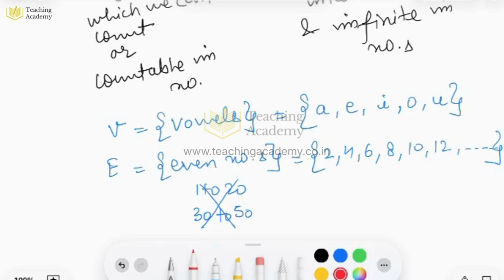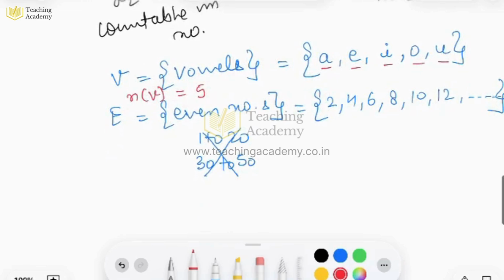Now we know that n(V) is basically 5 because 1, 2, 3, 4, 5. It has 5 members. But if I write n(E), what am I supposed to write here? I cannot write anything. These are infinite in number, right?